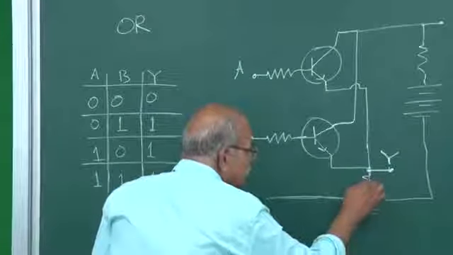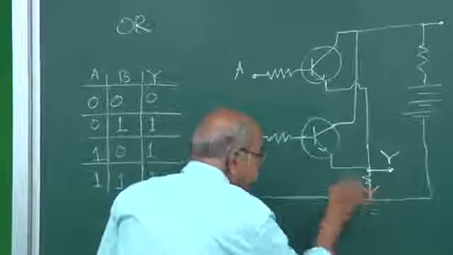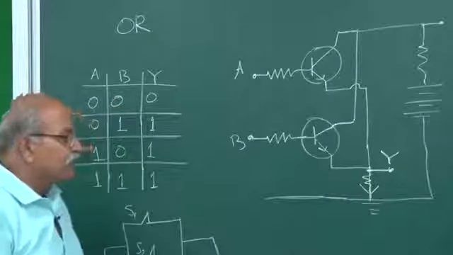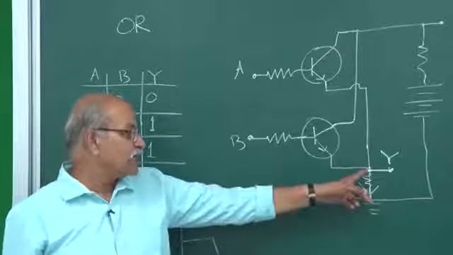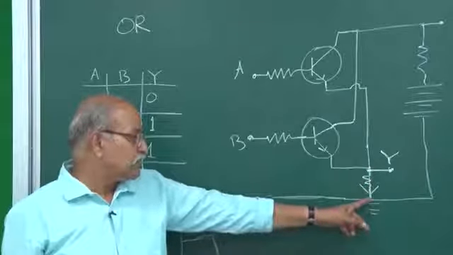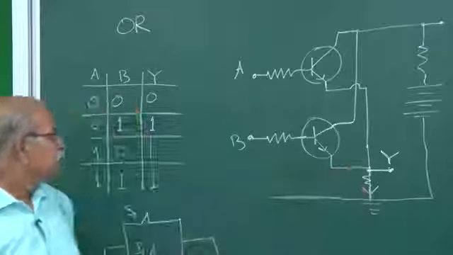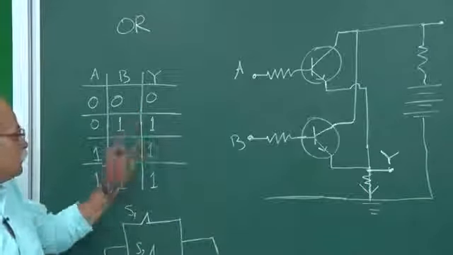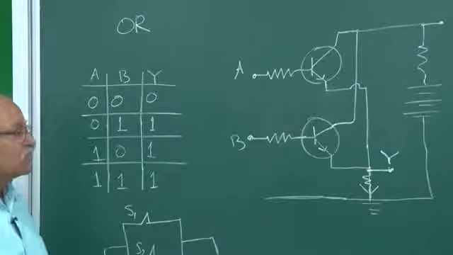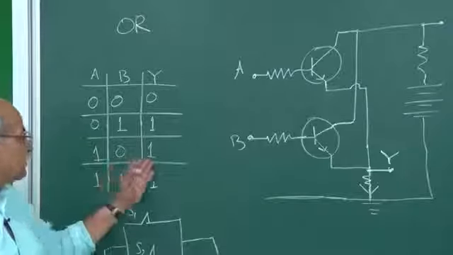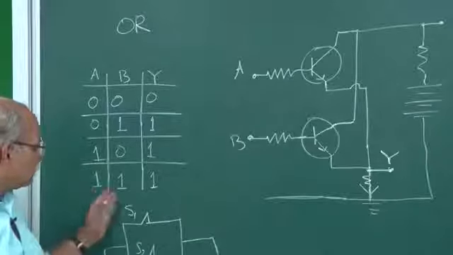If there is a current, then this potential is high with respect to this potential, and so you have high voltage here. So 0 1 will give you 1, and similarly 1 0 will give you 1.